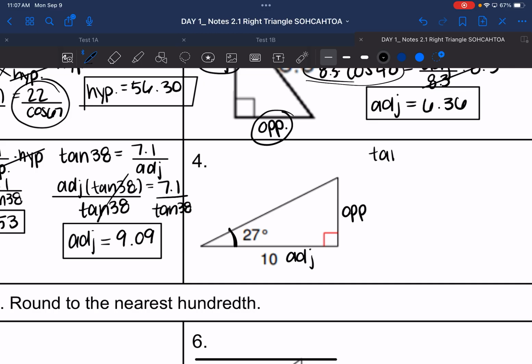Okay, so I'm going to have tangent of 27 is equal to opposite over the adjacent 10. And how are we going to solve? Multiply by 10. Good. So the measure of our opposite side is going to end up being, what do we get?